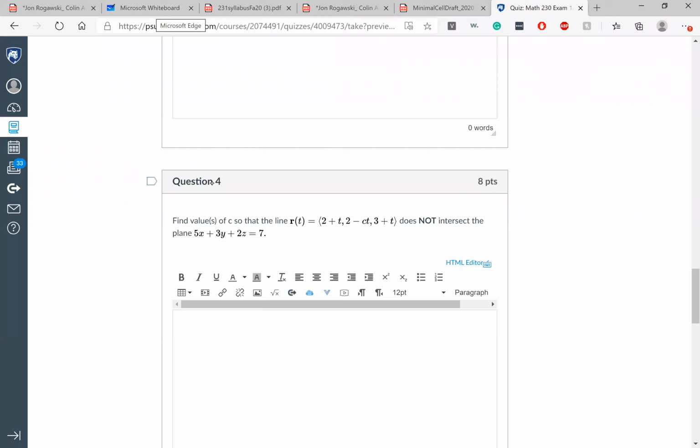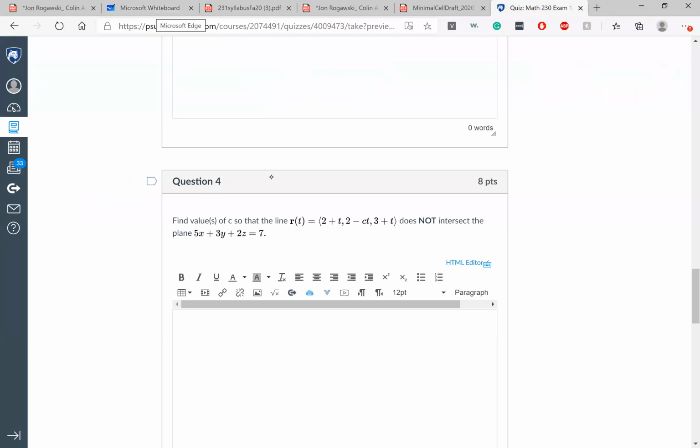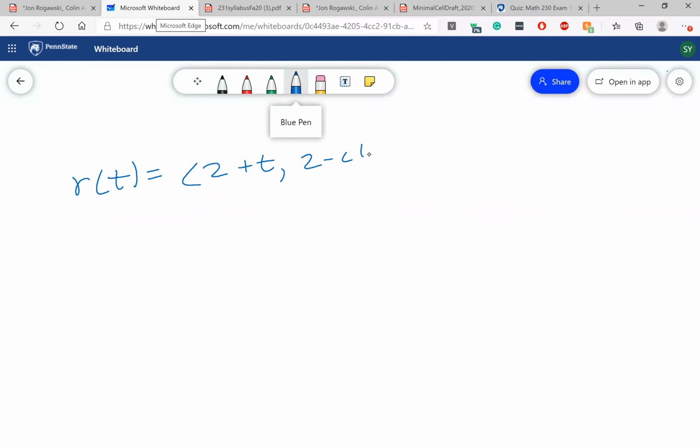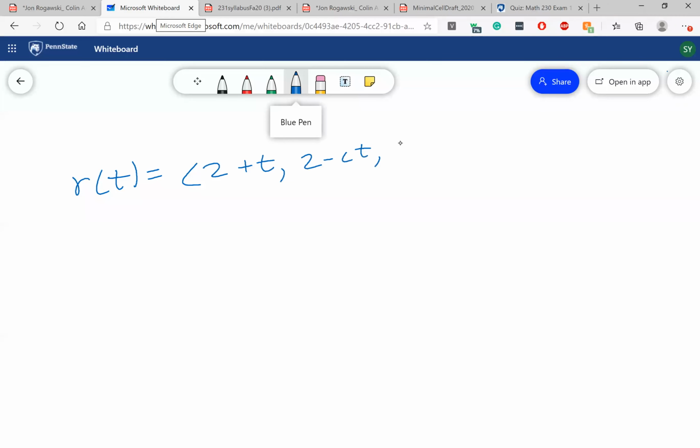Okay, r(t) is equal to (2 plus t, 2 minus ct, 3 plus t).